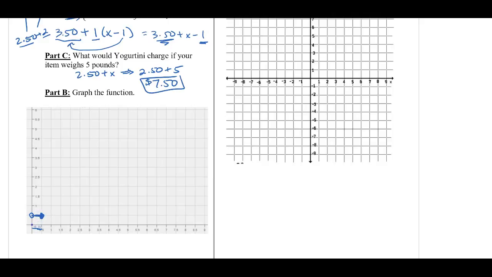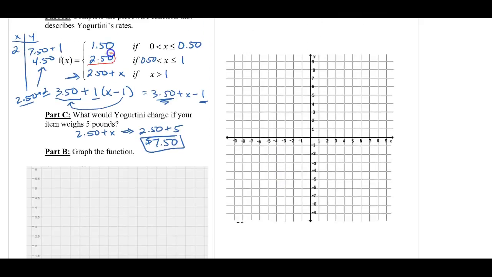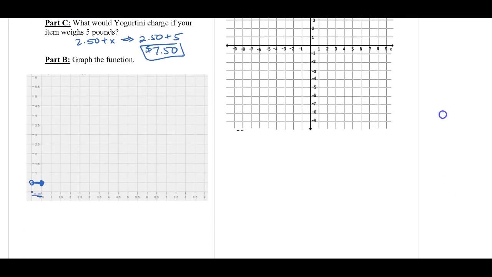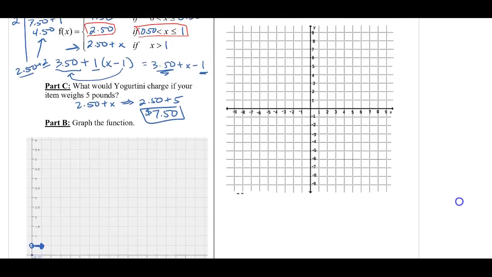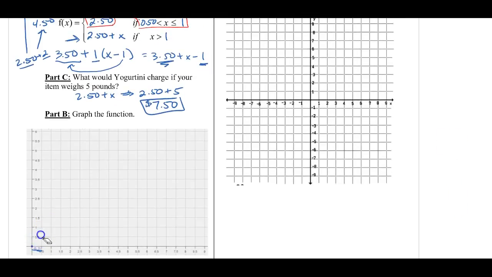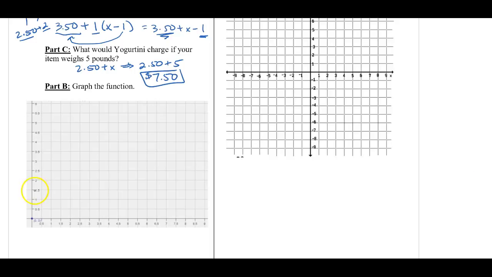Our next interval is $2.50. And let me fix that. I didn't read my own graph correctly, so let me go back and fix that. It was $1.50, so I should be up here at this line. Closed circle, open circle. That's a little bit better.